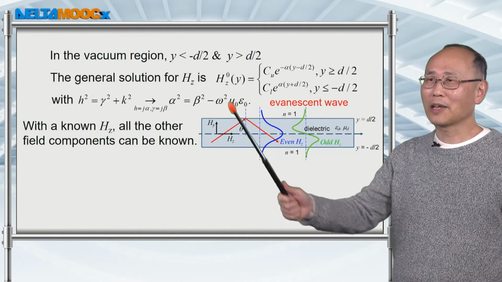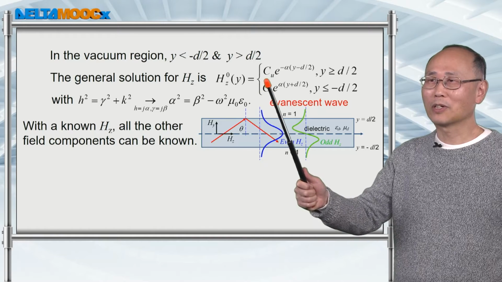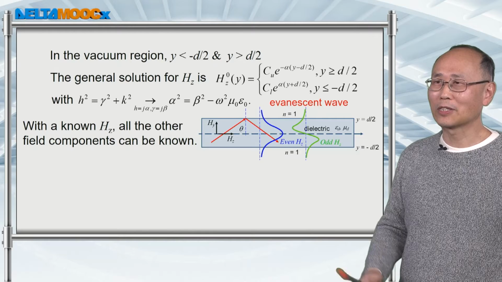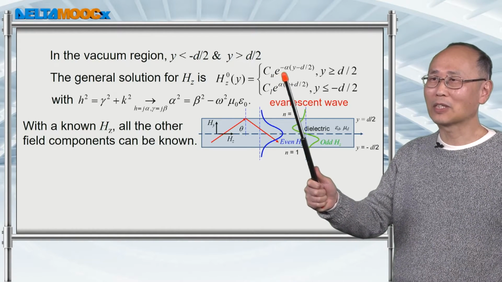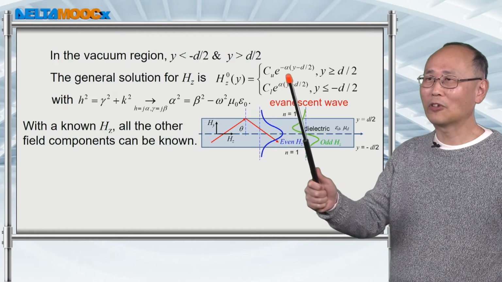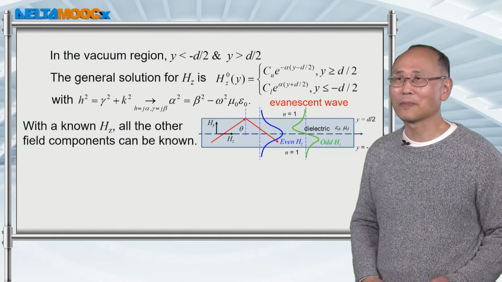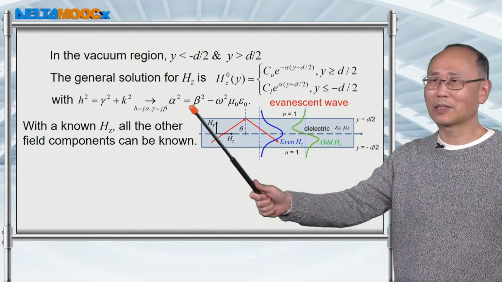And outside the waveguide region is vacuum. So the field outside this region for guided mode is going to be an evanescent wave. So again, you have this exponential decay field expression outside this dielectric region. And the dispersion relationship now is given by this.